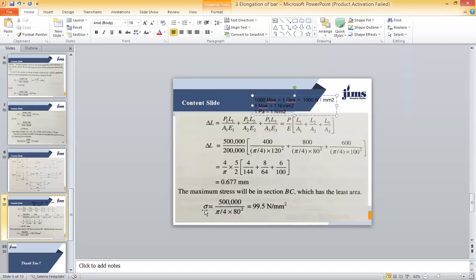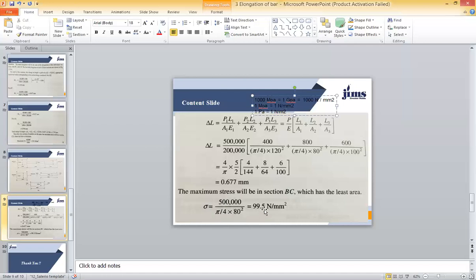So to find the maximum stress, you put the least area: P by A is 500,000 over pi by 4 times 80 square, which is equal to 99.5 Newton per mm square.